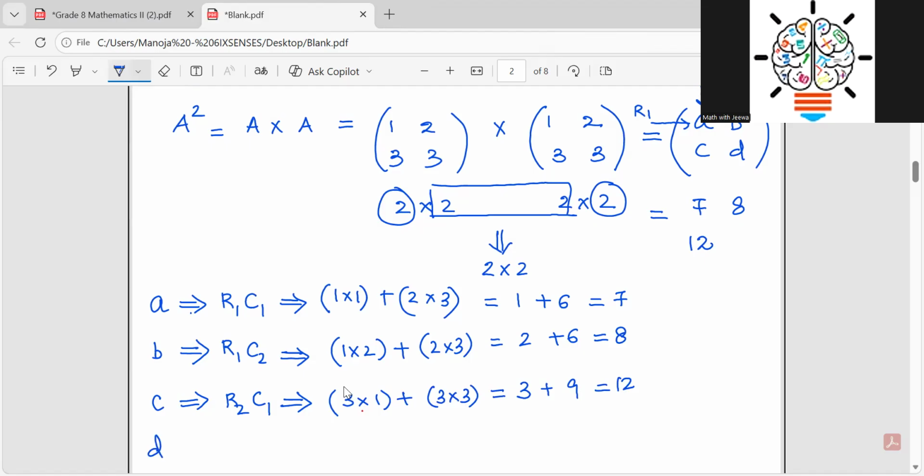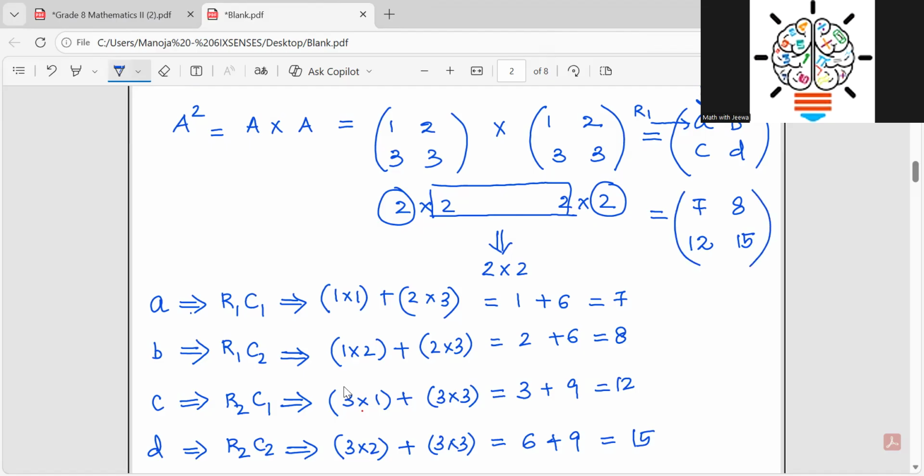And then the D situation, children, it is the R2, C2 scenario. How are we going to get that? R2, C2: 3 times 2 plus 3 times 3. 3 times 2 is 6, and 3 times 3 is 9, and here it is 15. And then I write here 15, and I close the bracket.